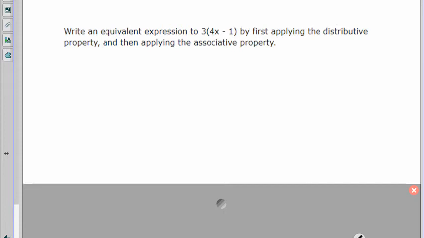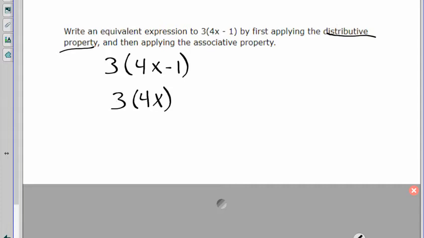Okay, so in this one, they want us to write an equivalent expression to 3 times the quantity 4x minus 1. And they want us first to use the distributive property, and then we're going to use the associative property. So let's start with the distributive property. If I use the distributive property, this is going to be 3 times 4x minus 3 times 1. I've distributed that 3 across the 4x and the 1.